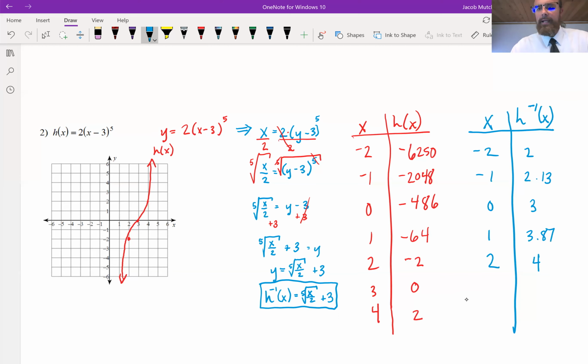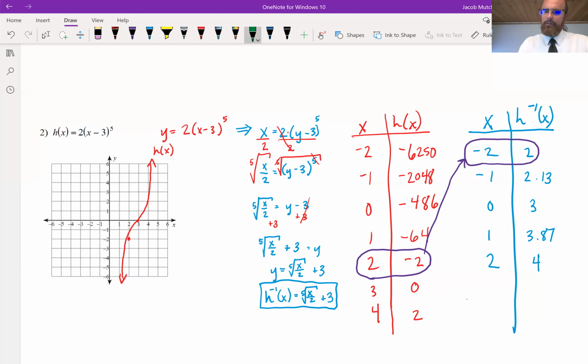So again, we'll graph, just to notice again this relationship between the points on inverse tables. In the original, I had the point 2, -2. So in the inverse table, I've got -2, 2. So you can see those points again switched around.